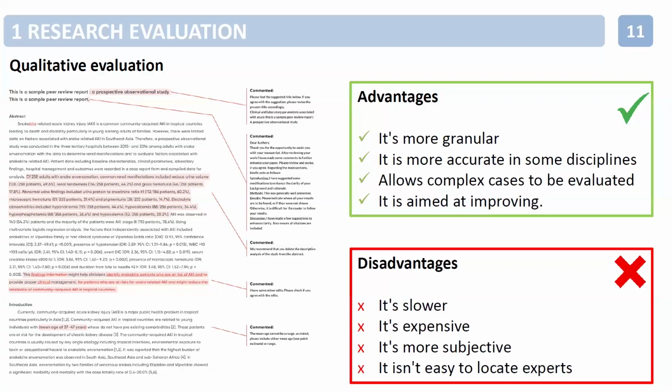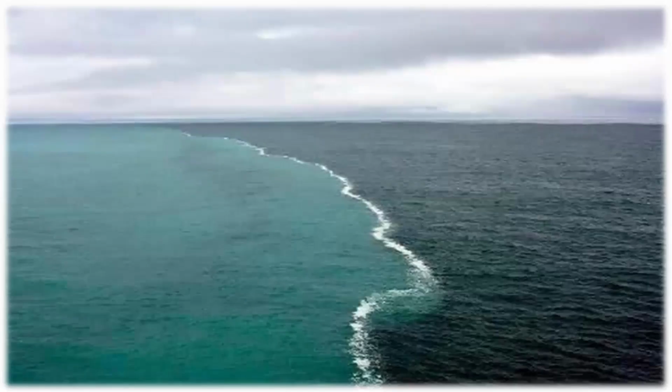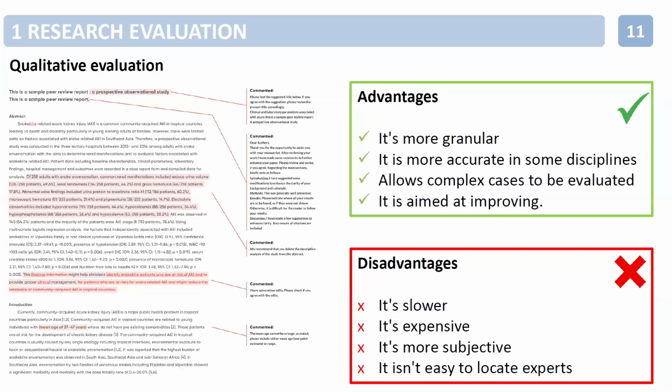Obviously, I will explain this briefly because this has been commented on these days. Each approach has its own advantages and disadvantages. And in research evaluation, in fact, my position is in the middle, the best of two worlds. It's probably problematic, but that's my position. We all know that qualitative evaluation of contributions has specific advantages, it can be more granular.